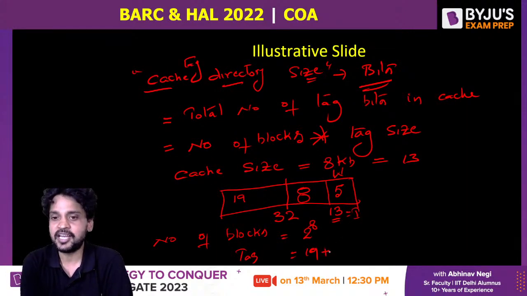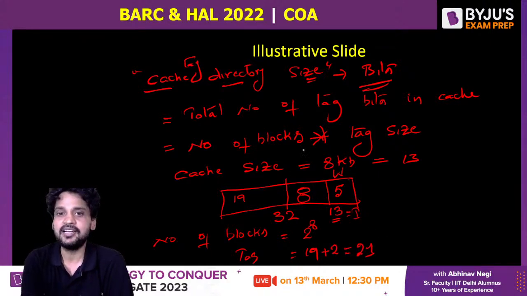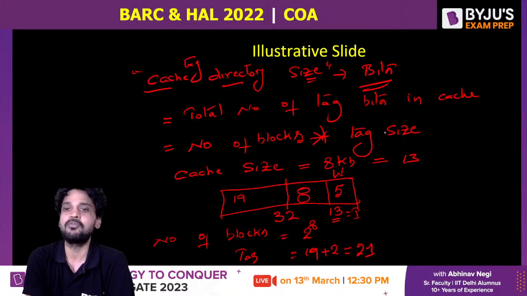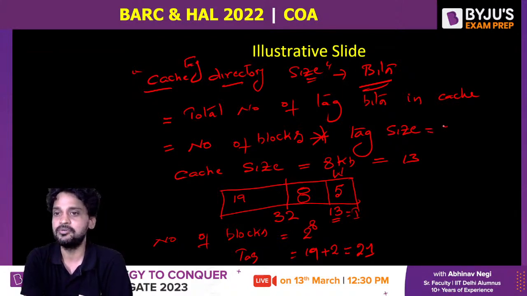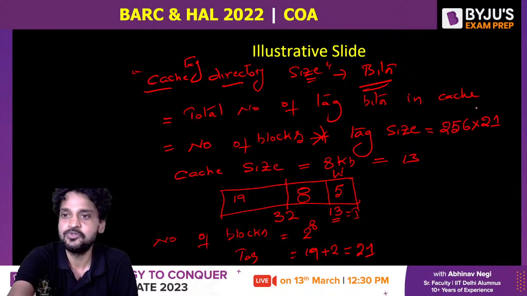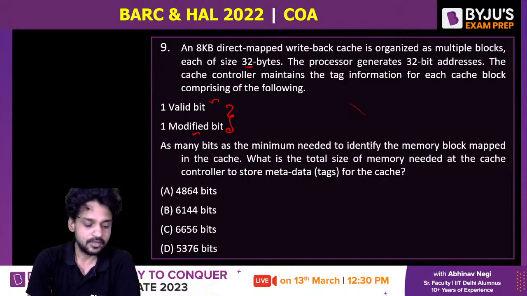That makes the total tag size 19 plus 2, which is equal to 21. So the tag directory size is equal to number of blocks into the tag size, that is 2 power 8, which is 256, into 21. What is 256 into 21?